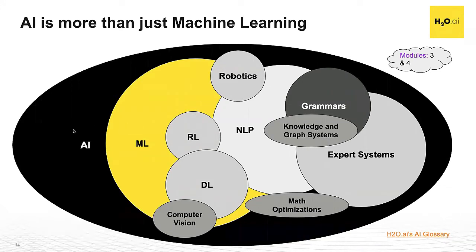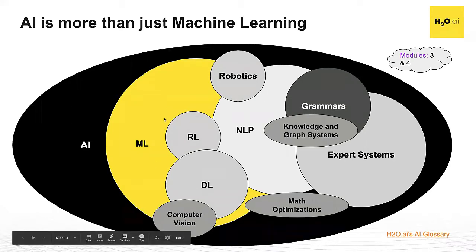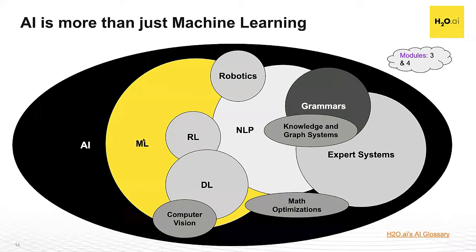Machine learning is definitely in the hierarchy of artificial intelligence. It is one of the major ones, if you look at the size of this bubble. Deep learning is definitely within this machine learning family. So is reinforcement learning, but there are some overlaps between reinforcement and deep learning.